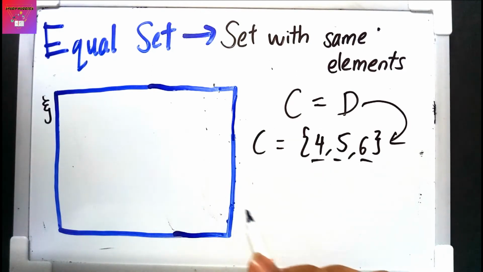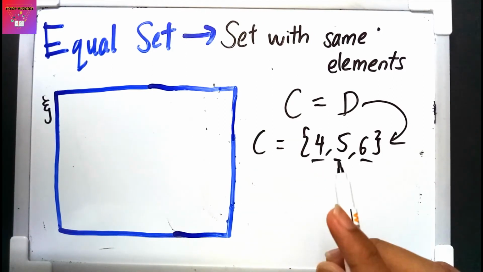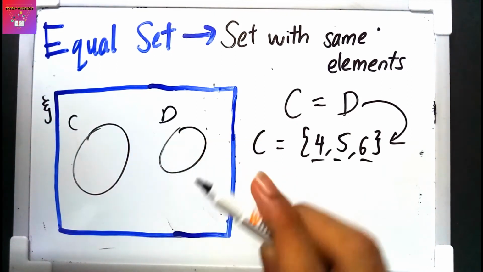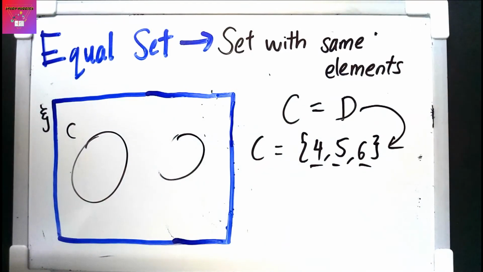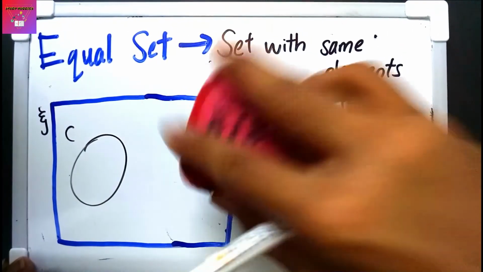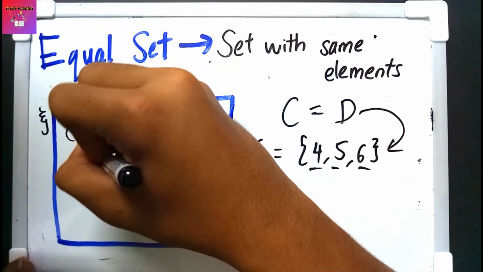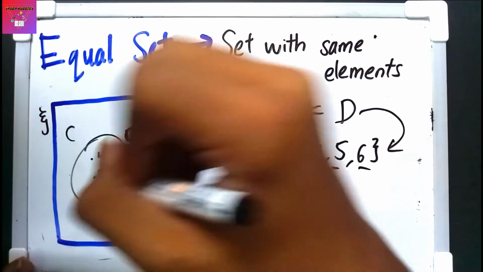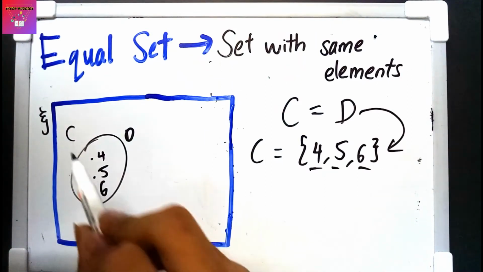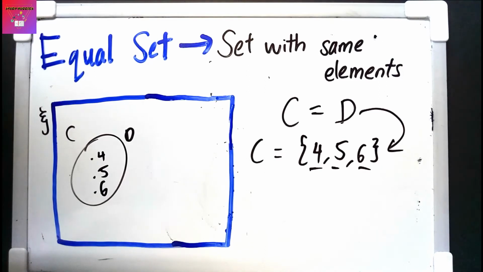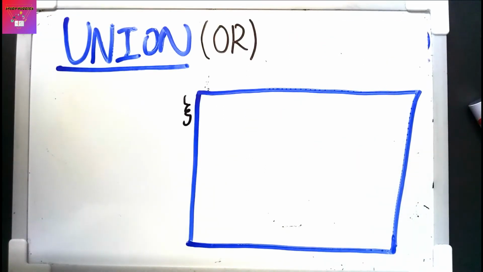Since the case is like this, we have no need to draw two separate sets like C and D. Rather, we can just draw everything into one set. So C, D, which has 4, 5, and 6, which means that set C and set D are actually the same set.